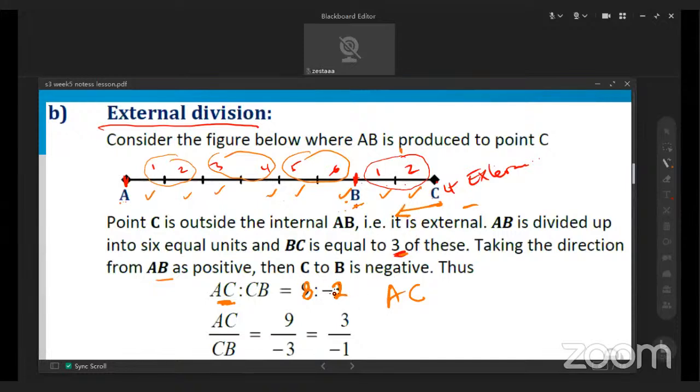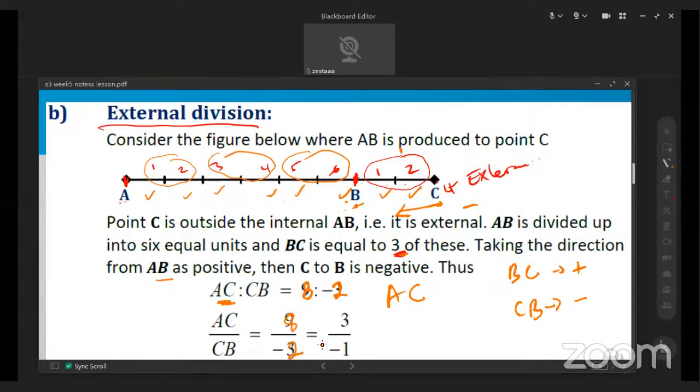Literally take note, when we say BC, this will be positive, but when you say CB, this will be negative, meaning you're moving in the opposite direction. So this will be 8 and this will be 2.